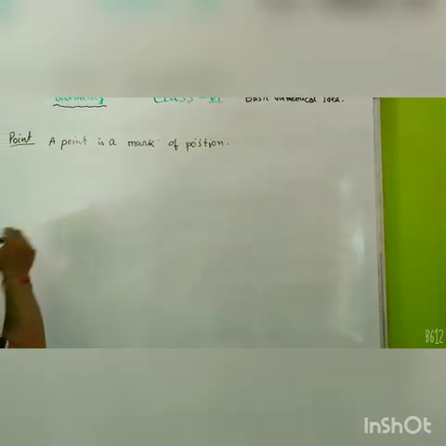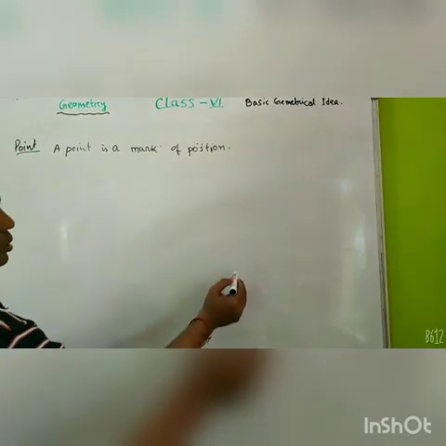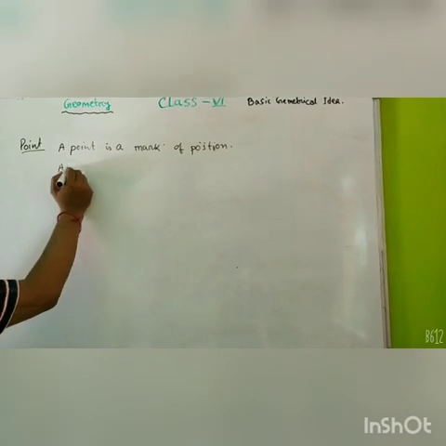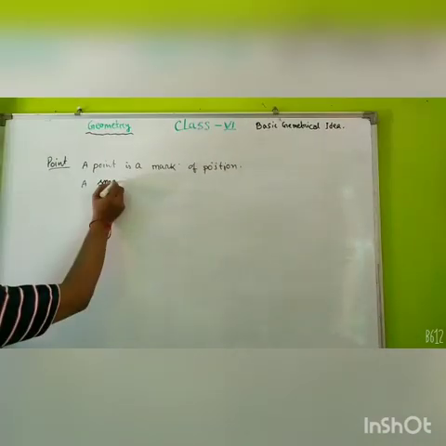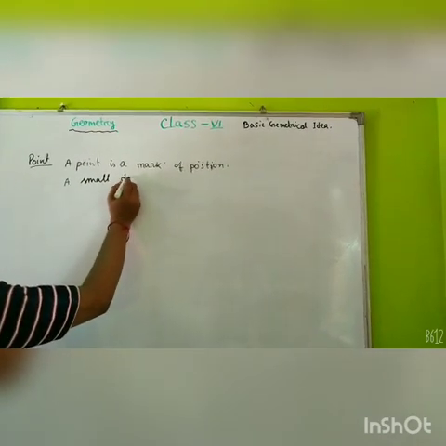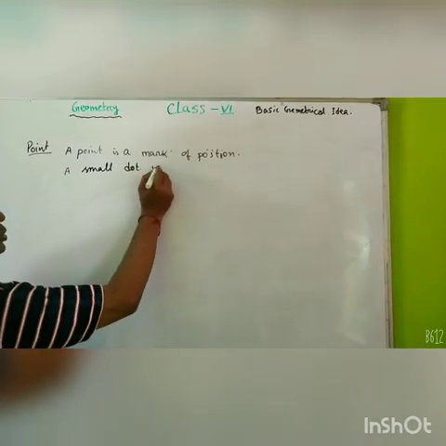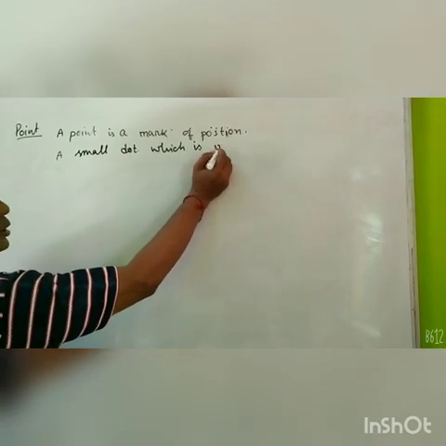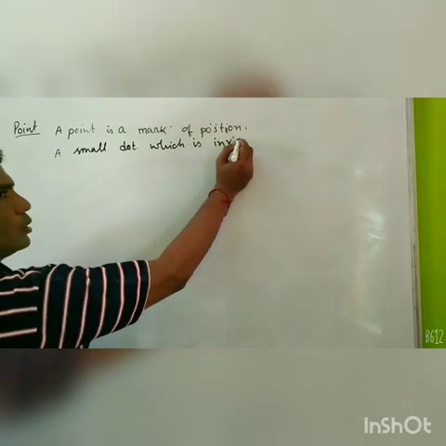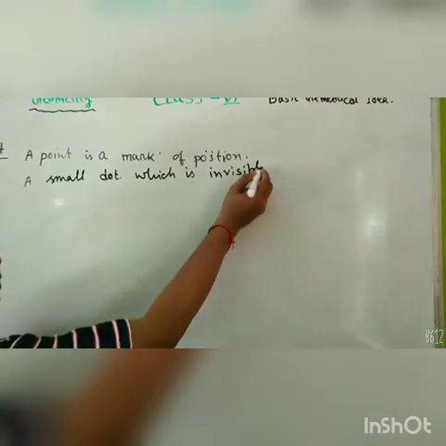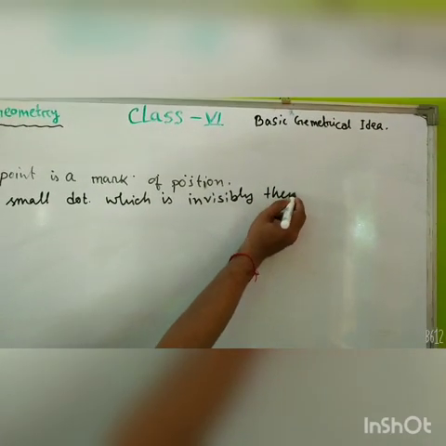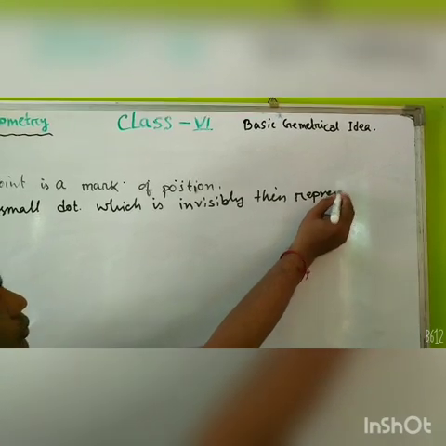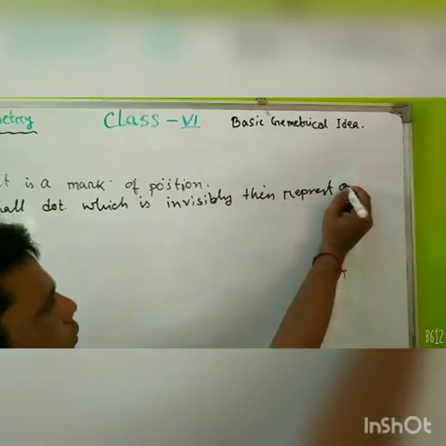Suppose this is a dot, this is a mark of position, or a small dot which is invisibly thin represents a point.